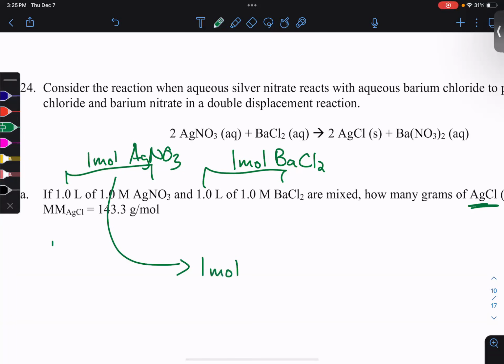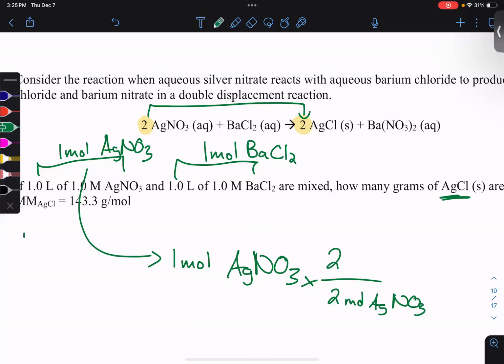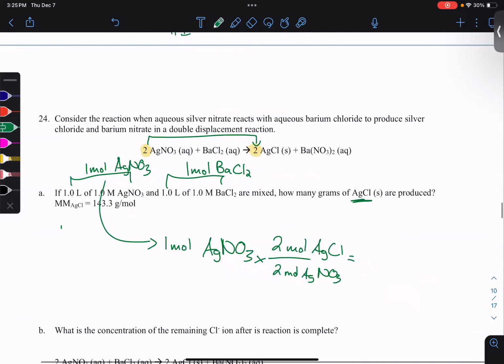So 1 mole of silver nitrate is going to get converted into that silver chloride. So I can use stoichiometry here. It's a 2-to-2 ratio, or 1-to-1. So 2 moles of silver nitrate, 2 moles of silver chloride, so I will produce 1 mole of silver chloride, sorry, not silver nitrate.